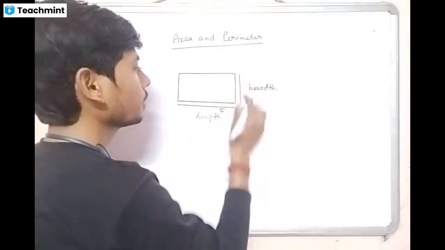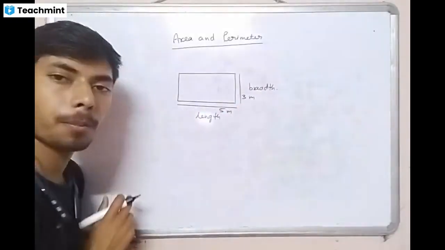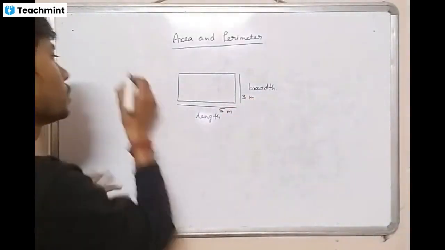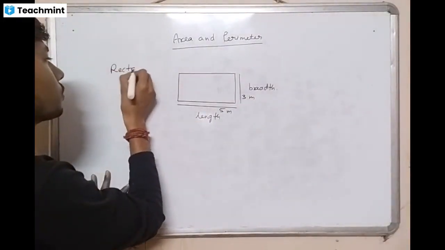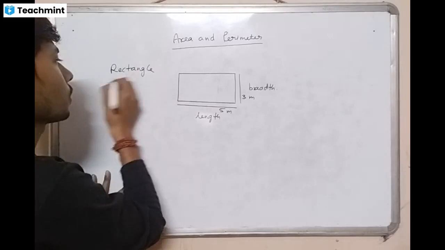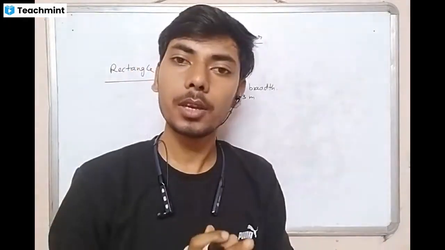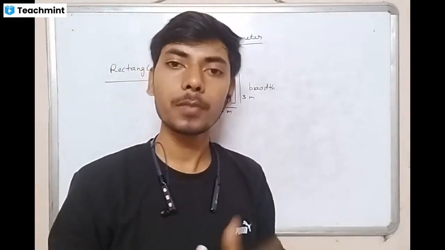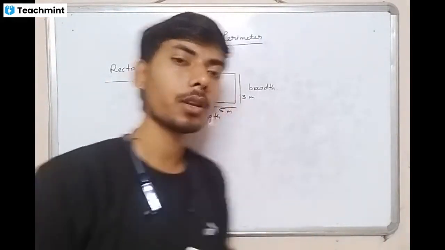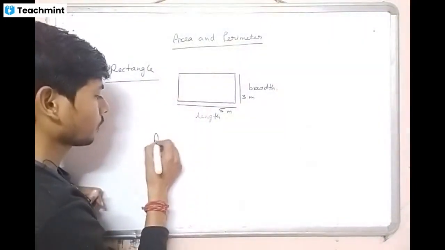I can write here 3 meters and 5 meters. Length is 5 meters and breadth is 3 meters. If I ask you to find the area of the rectangle, first of all you have to know the formula for the area of a rectangle.